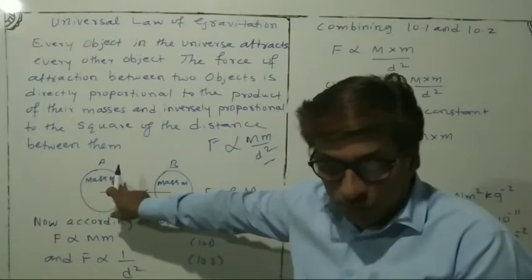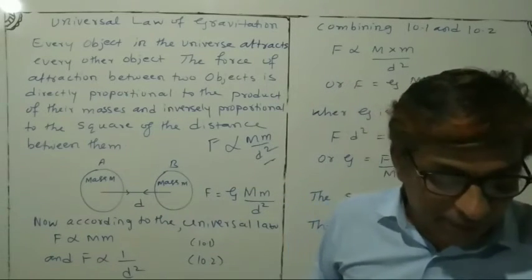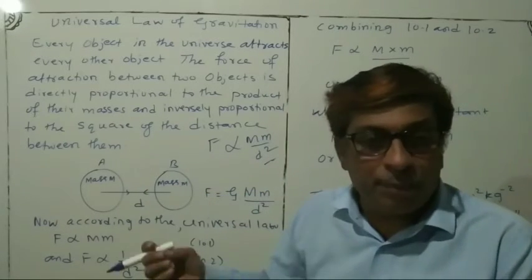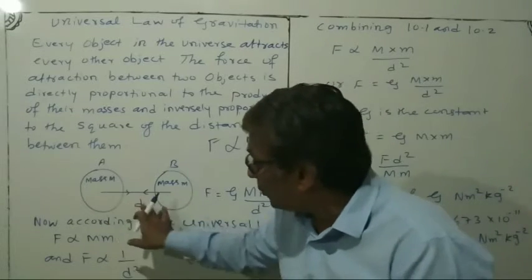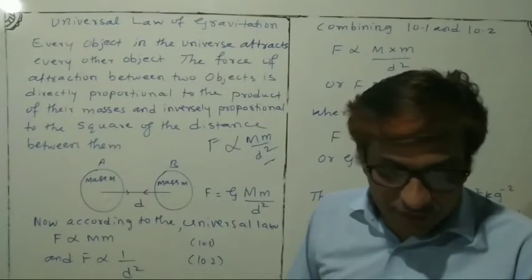Select the objects A and B of masses capital M and small m. They lie at a distance d from each other, as shown here.